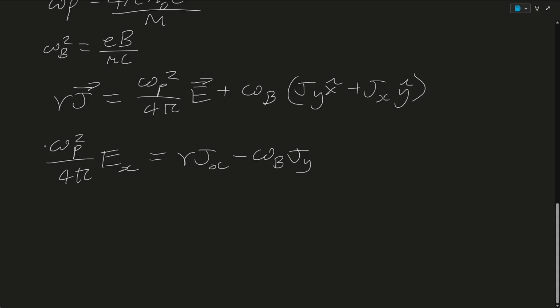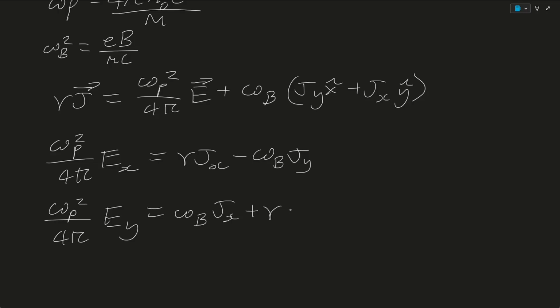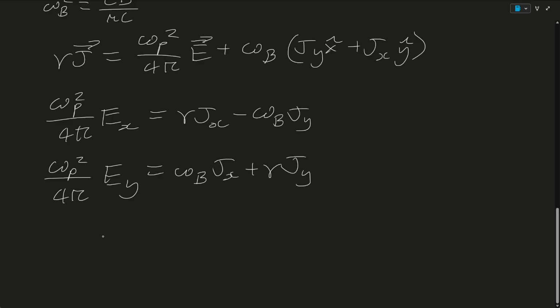And then for y, omega_p squared over 4 pi E_y is omega_b J_x plus nu J_y. And then finally E_z is just going to have a direct J_z term.